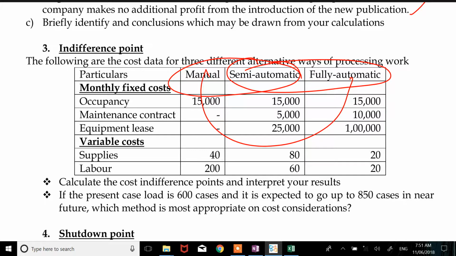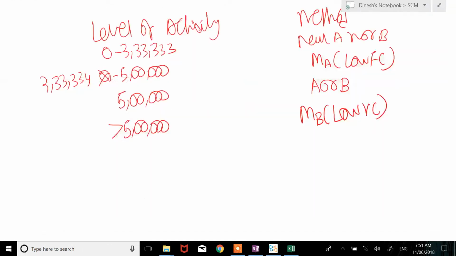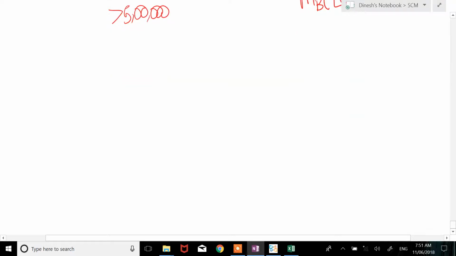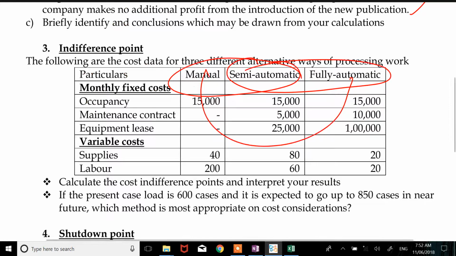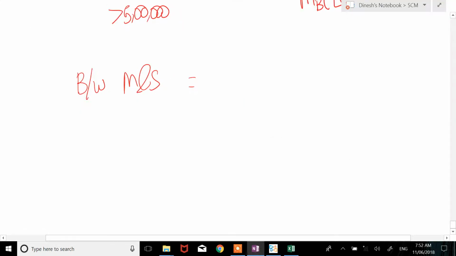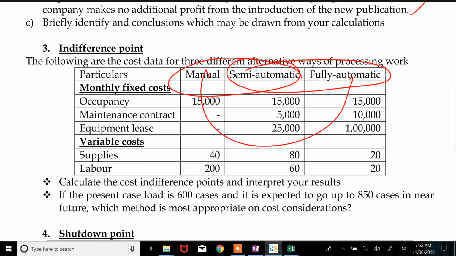First one is between M and S. So we will not have one indifference point where three methods will have. No, not possible. Between M and S, change in fixed cost. What is the fixed cost total of semi-automatic? 45,000 minus 15,000. 45 minus 15 divided by 240 minus 140.